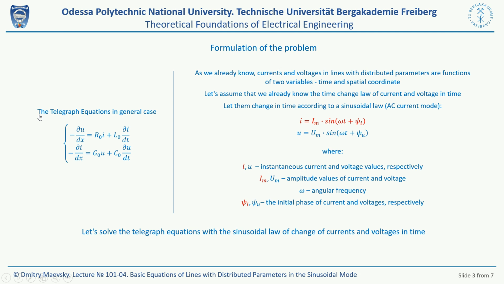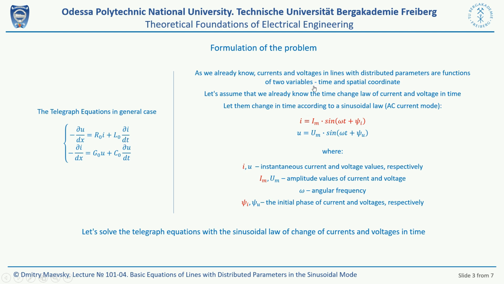First of all, let's formulate our problem. We have a system of telegraph equations in general form. This system is shown here. As we know, the currents and voltages that enter this system are functions of two variables. The first variable is the time.